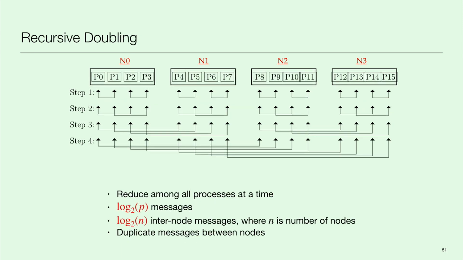So there's also recursive doubling. I showed you the picture of the communication pattern between different processors at the beginning. This one does much better, with log P messages and log P internode messages. But it does have duplicate messages between nodes.